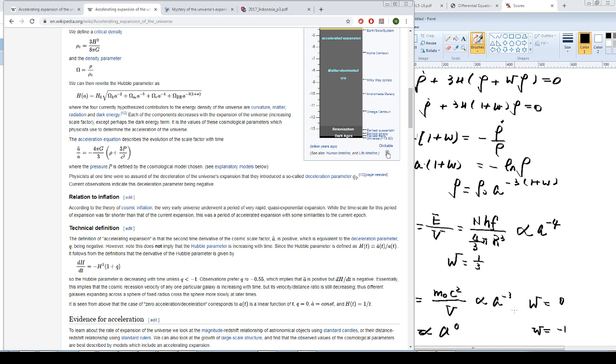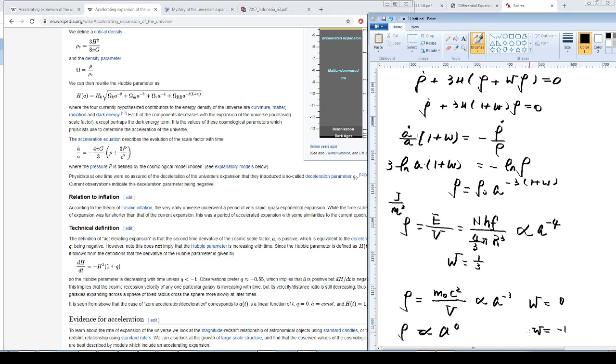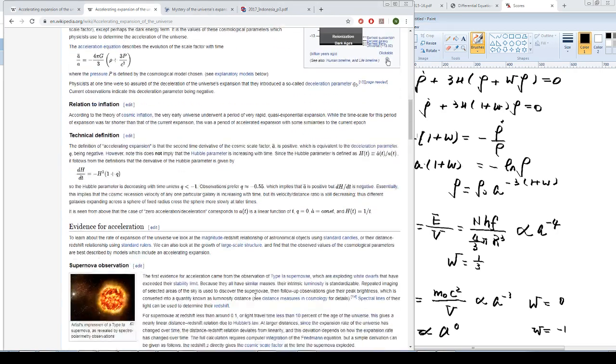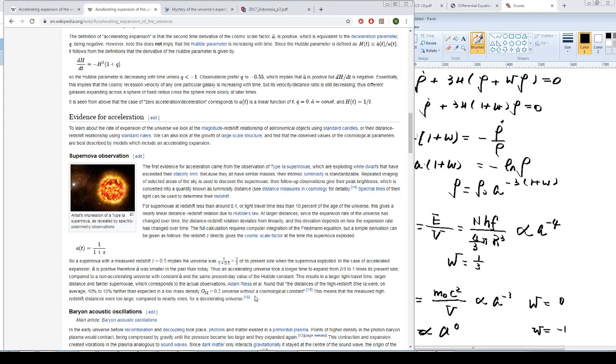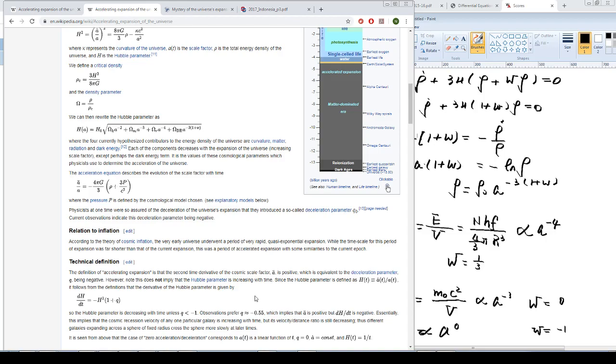So observation shows we are actually pretty much constant energy density.